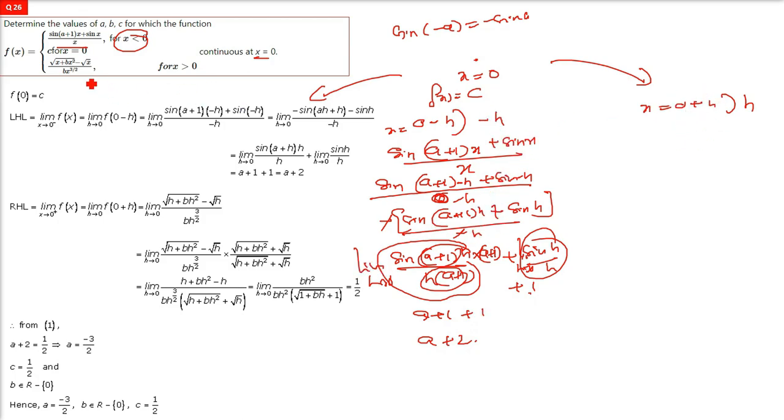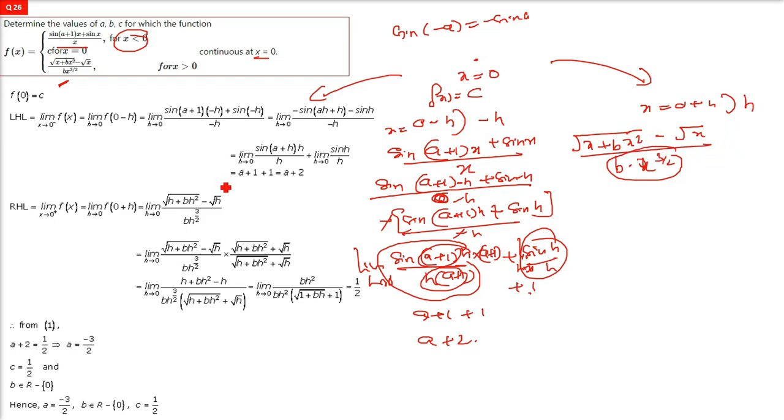Okay, so the left hand side is done. Now coming to the right hand side. The right hand side is under root of x plus bx square, minus root x, divided by bx raised to 3 by 2. You can do two things here. Either you replace x by h in the beginning and do the computation, or you can keep it as x.